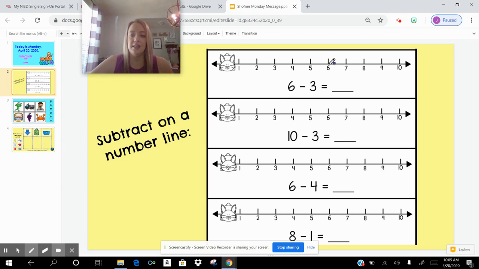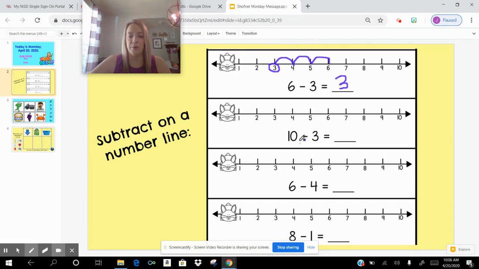So we find the 6, we put our pencil on the 6, and we're going to hop backwards 3 times, taking away 3. So let's jump. Ready? Start at the 6. 1, you count when you hop. 2, 3. So we landed on 3. So we know 6 minus 3 equals 3.